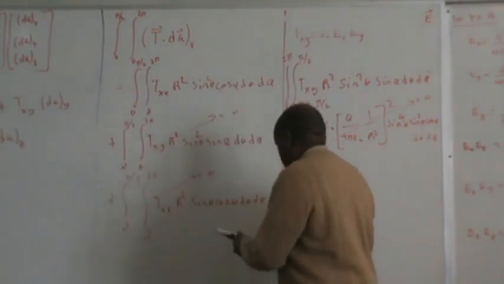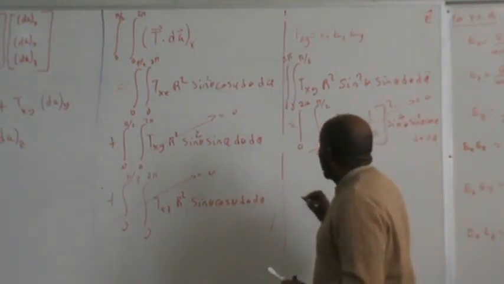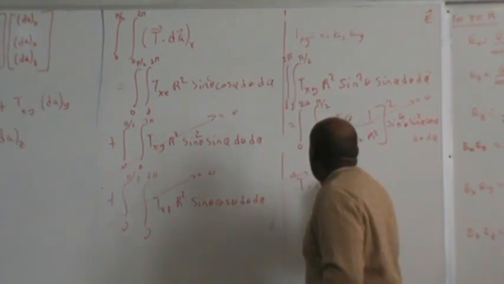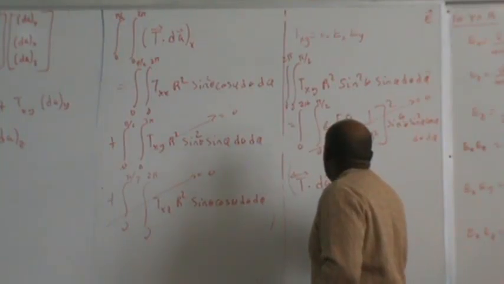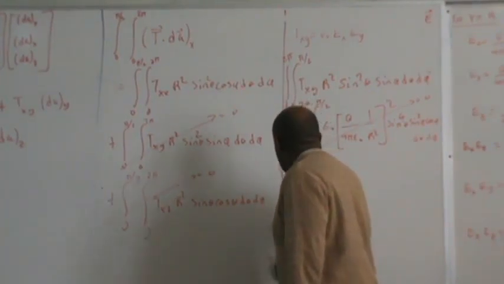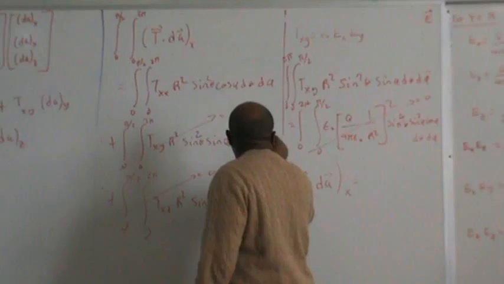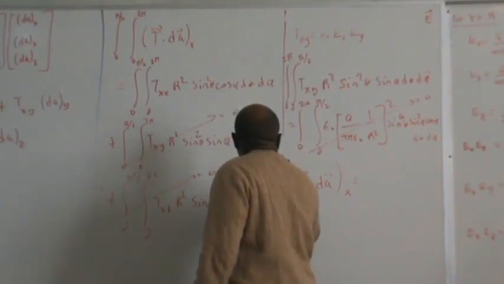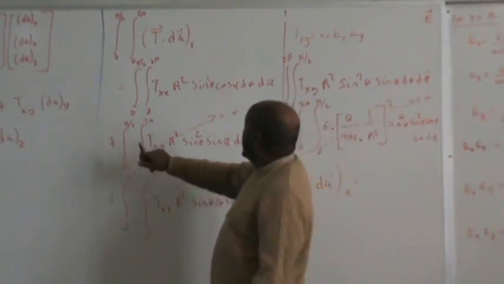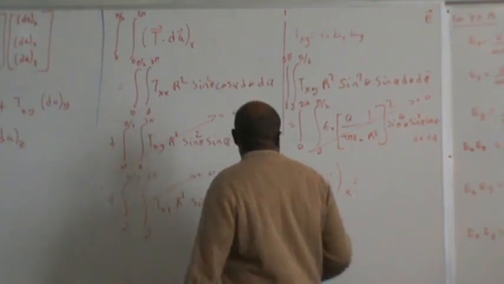All right? So based on a similar argument, what can you say about the y component? So let me just write it down here. What you would end up for t dotted dA, the x component, what would survive for this integral? What is going to survive is just only this term, right? So I will just write that one.